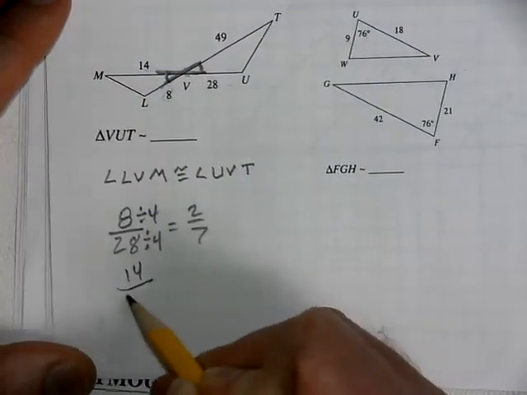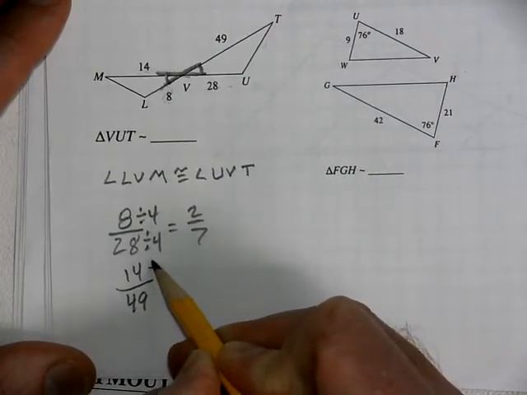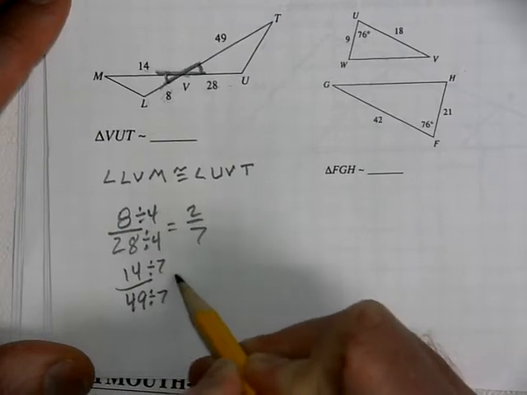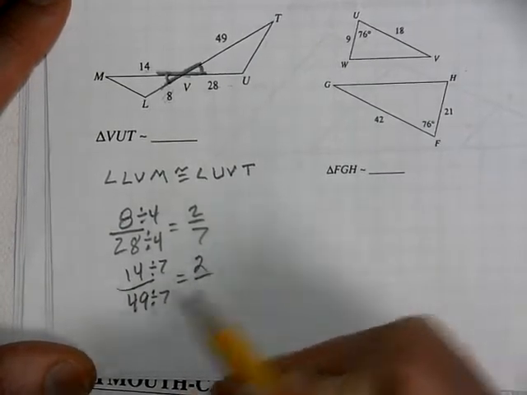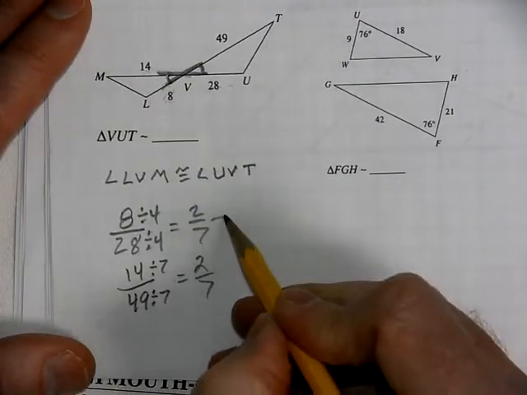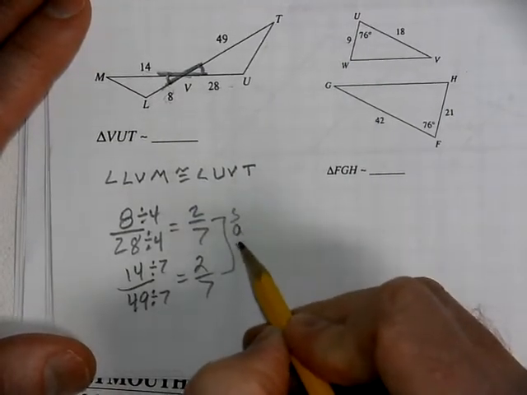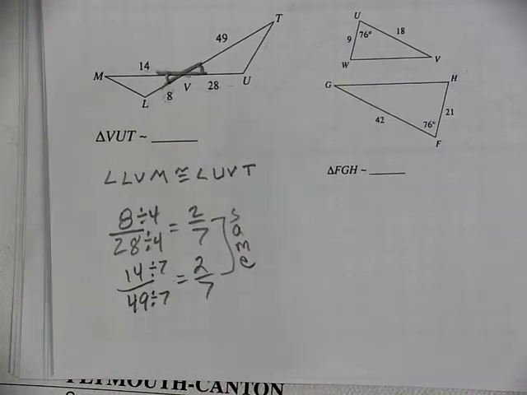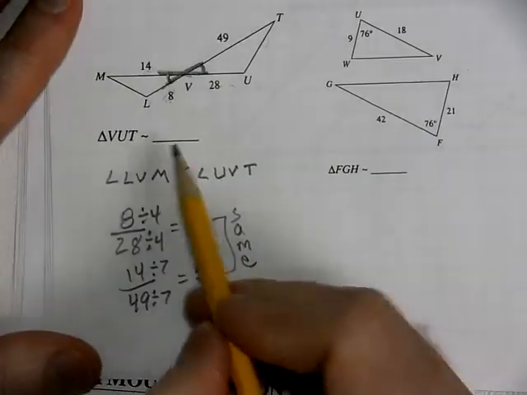We can reduce those both by 7, and we get 2/7. That worked out perfect. These are the same. They have the same scale factor. So that is proving the triangle similar by side angle side.